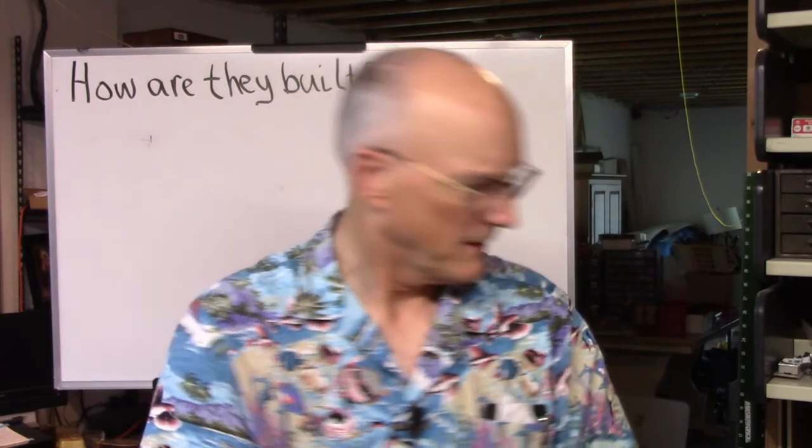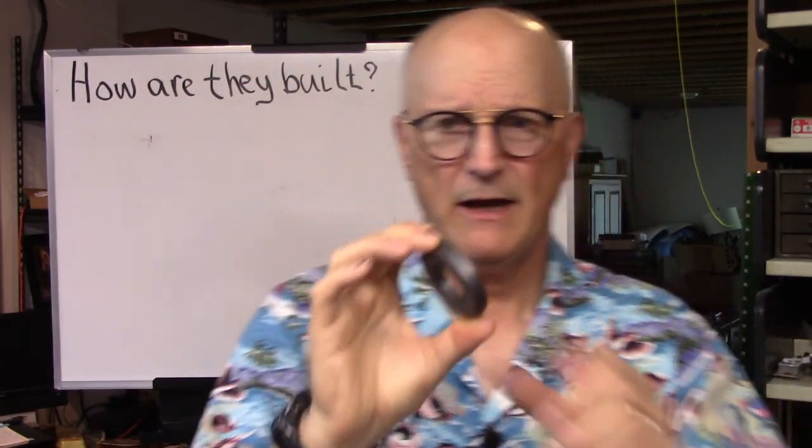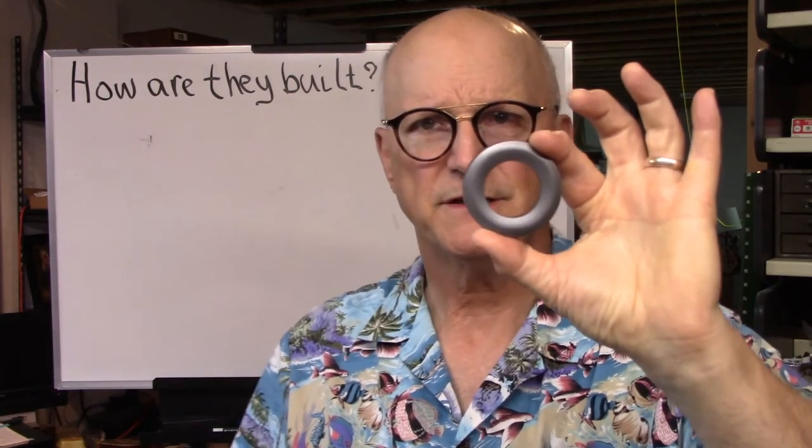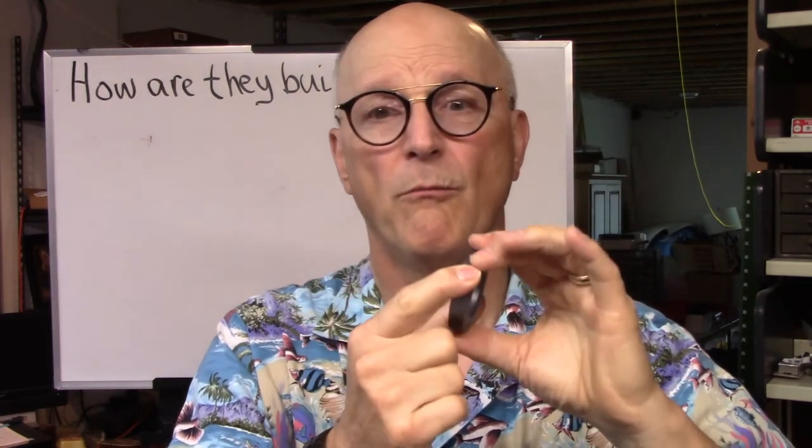Now, you have the toroid, and one of the big advantages of a toroidal shape is that the magnetic flux, by and large, tends to be mostly confined to the inside of the core. It makes shielding a lot easier.